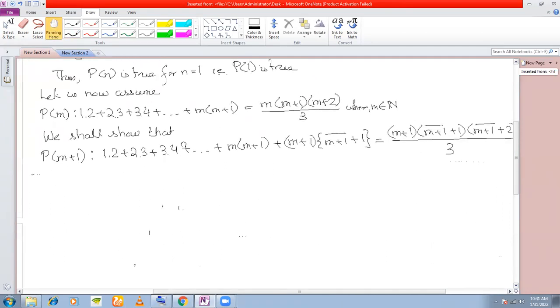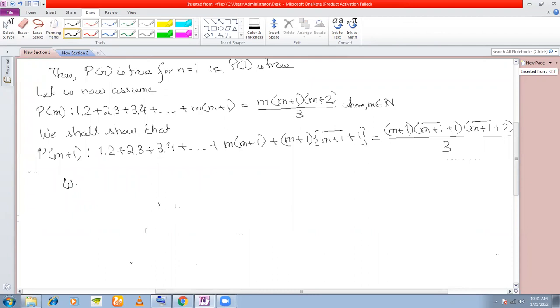So, okay, we have assumed Pm, so we'll start with Pm. So we have 1 into 2 plus 2 into 3, 3 into 4 up till m into m plus 1 is equal to m into m plus 1 into m plus 2 divided by 3. Now, in order to convert Pm to Pm plus 1, what we have to do, what is the extra term?